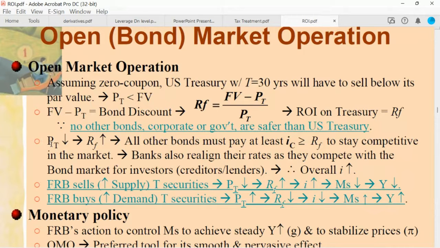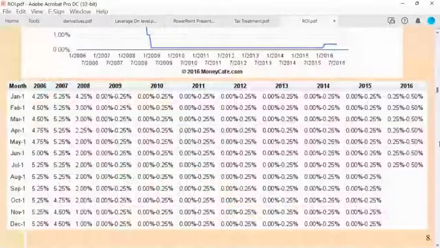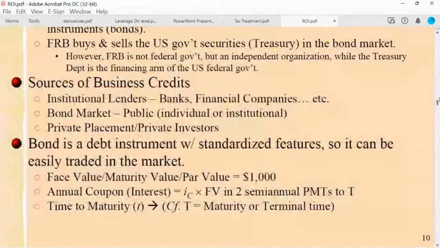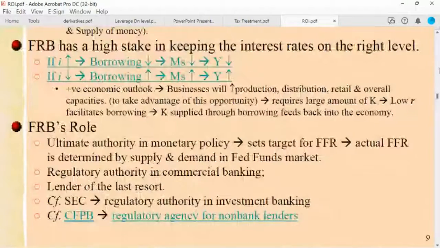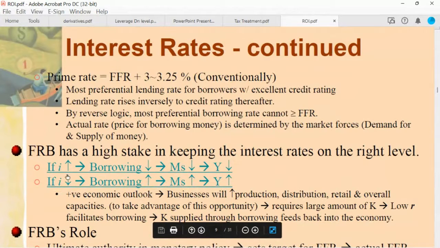Okay, and remember, we were talking about the Fed funds rate. The Fed funds rate is the baseline of all the interest rates, and the interest rate is important because as interest rate goes up or down, the economy goes down or goes up, right?